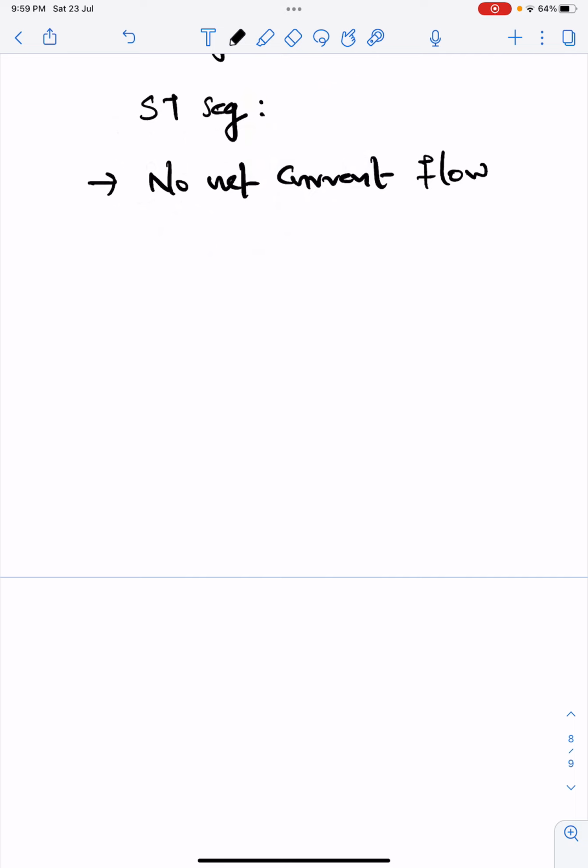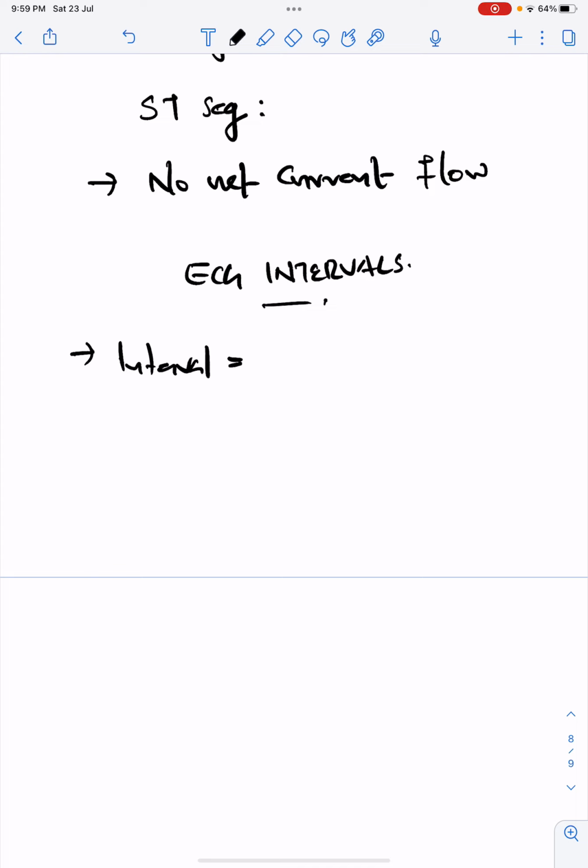Now moving on to the ECG intervals. Interval means nothing but a segment plus a wave. Interval is formed by segment plus a wave. There are two intervals.